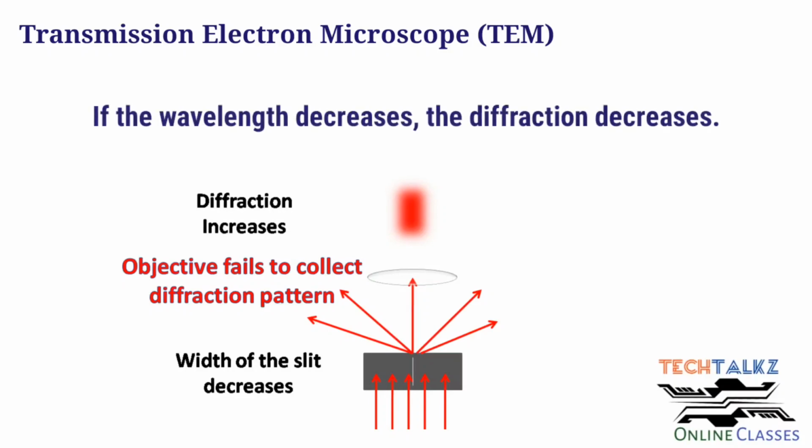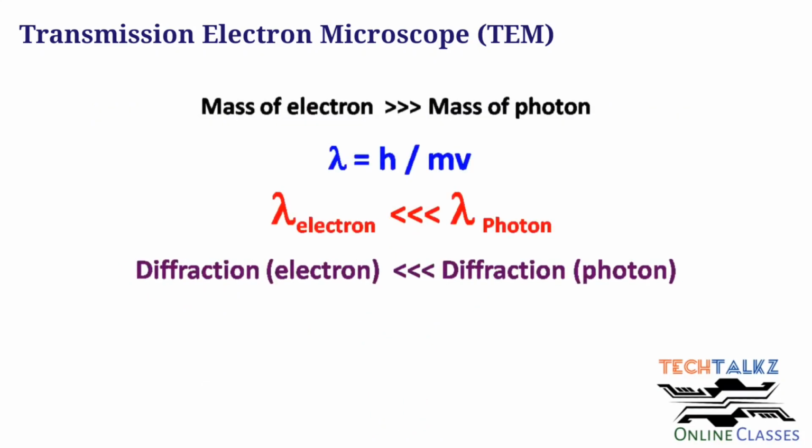One more point: if the wavelength decreases, the diffraction will also decrease and the resolution will be very high. And we know that the wavelength lambda is equal to h divided by mv, where m is the mass, so lambda is inversely proportional to the mass.